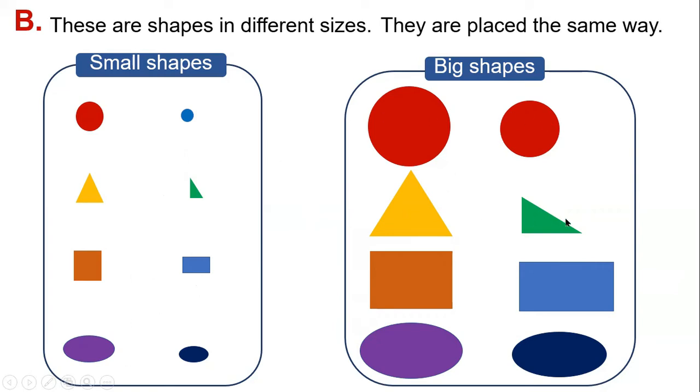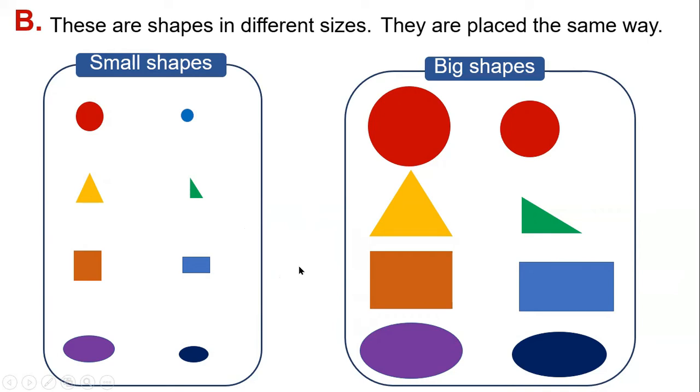Circle, triangle, quadrilateral, ellipse. But these are big shapes and these are small shapes. And also they appear in different colors. Do you see that? Okay, so shapes can have different sizes.